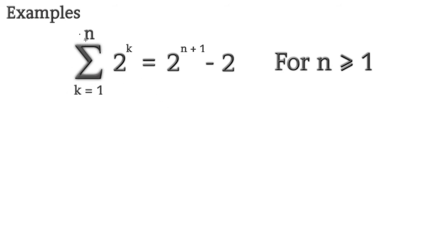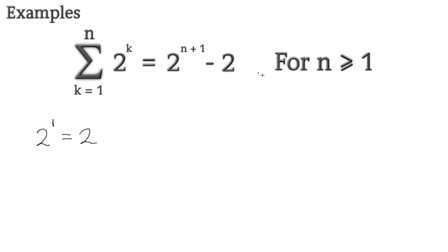So first of all, to do induction, you first start with the first value, which is k equals 1. So the first value for k is 1, which is 2 to the power 1, which gives us 2.